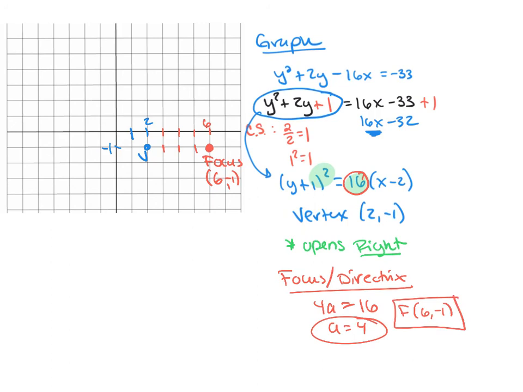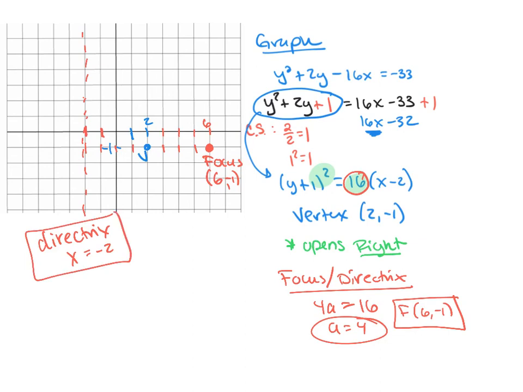And we're going to go the opposite side for the directrix. 1, 2, 3, 4. And wherever we end up is where our directrix is. Let's see, that's -1, -2, so we're at x equals -2 for our directrix.